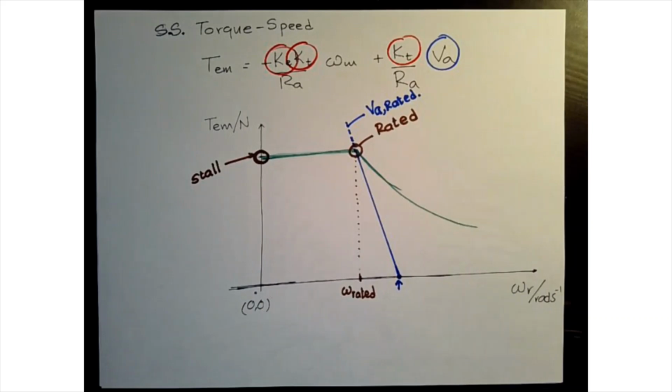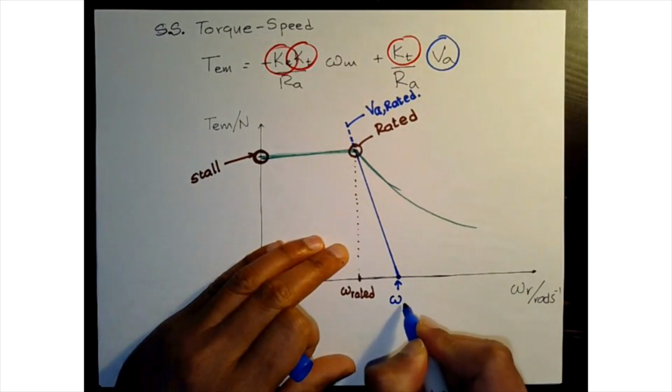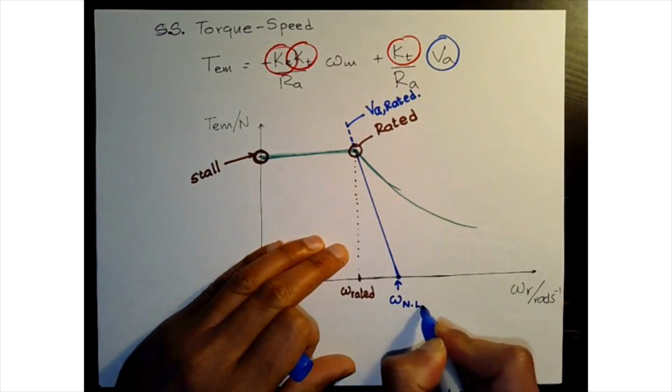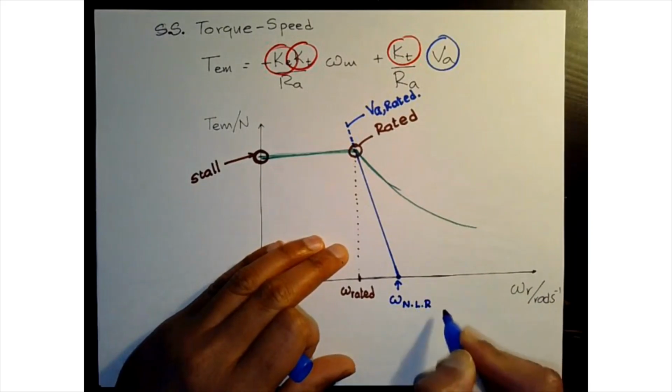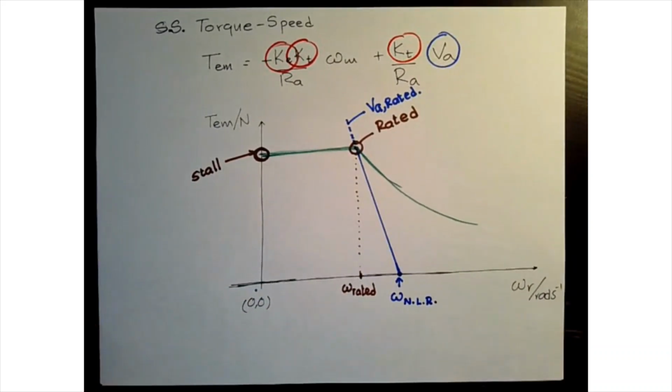But no load speed could be at any point, depending on if you change the voltage. This is no load speed for what voltage? Exactly. So this is omega no load at the rated voltage.